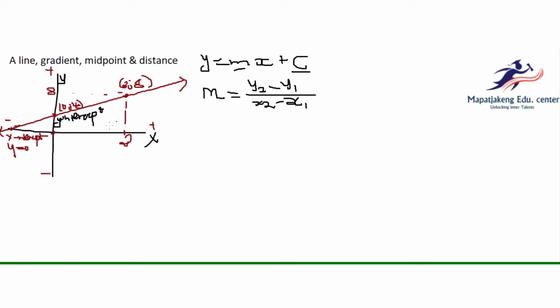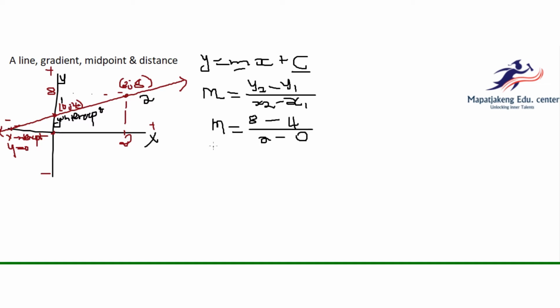So we take 2 points along the line, therefore we can name this point 1 and then name this point 2. Therefore let's substitute with that. Y of point 2 is 8 minus y of point 1, which is 4. And then x of point 2 is 2 minus x of point 1, which is 0 there.